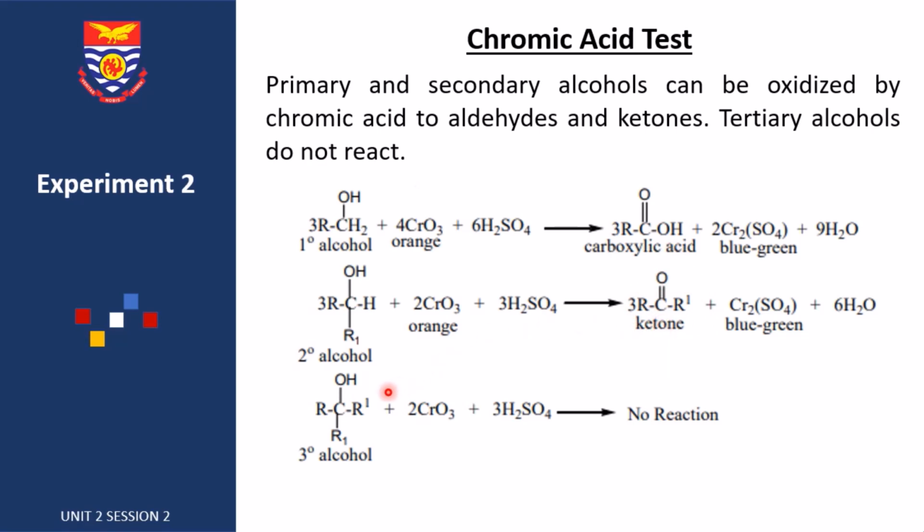The tertiary alcohols do not react with the chromic acid reagent, possibly because they do not have a replaceable hydrogen on the alcohol-bearing carbon. So there's no reaction with the tertiary alcohols.